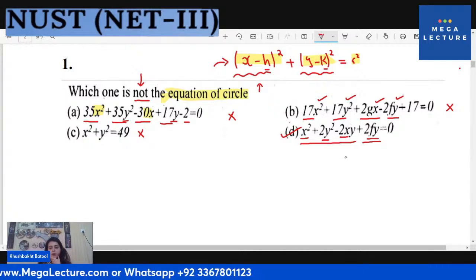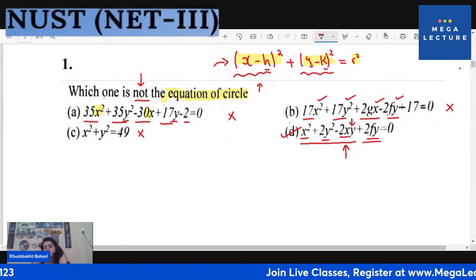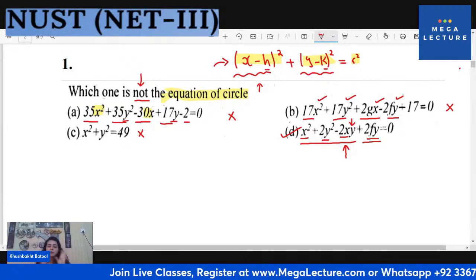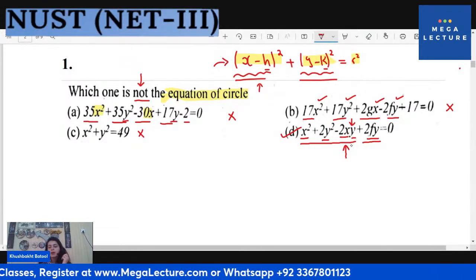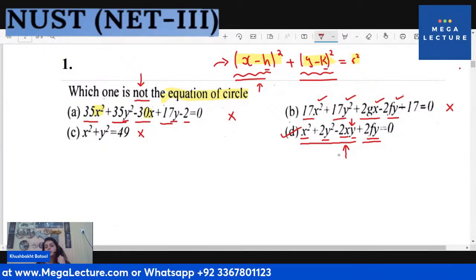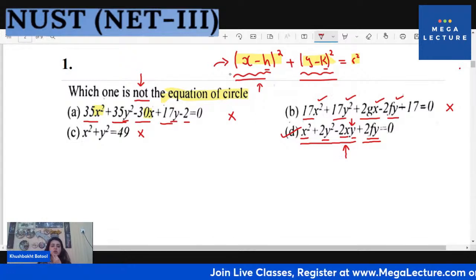The term which was supposed to have x only has this y as well. This is where it becomes very confusing, and we would not be able to separate this term and this term because of this y, and now we know that we would not be able to convert this equation to the general form. That is why D is not the equation of a circle.